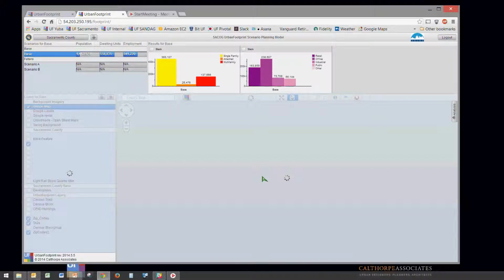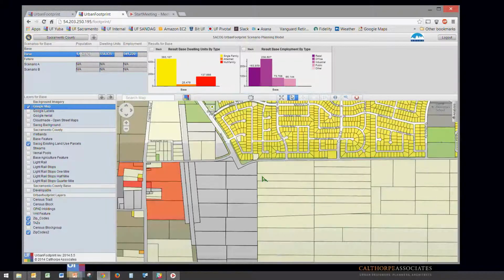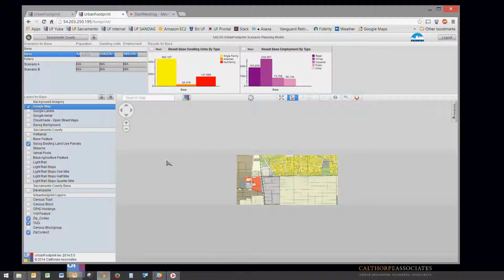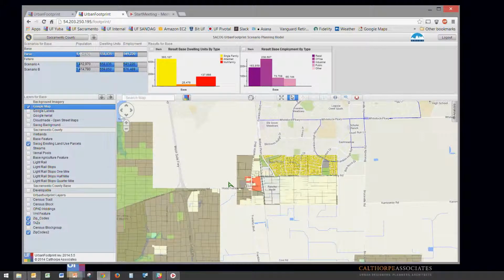The reason I'm asking about the future of urban footprint is because right now there are various cities across the state working on general plan updates, and it seems like they're going through something that is quite major for a jurisdiction right now without, I don't think, using urban footprint.